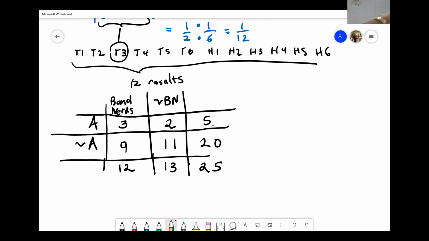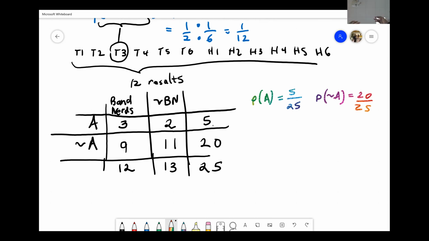What's the probability of having an A in this class? How many people got A's? 5 out of 25, right? What's the probability of not A? Okay, yes.